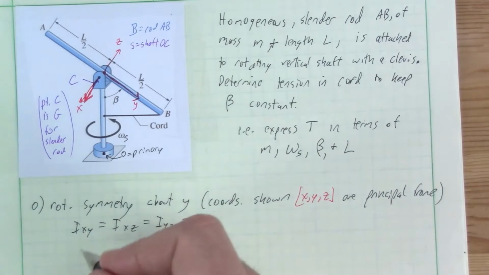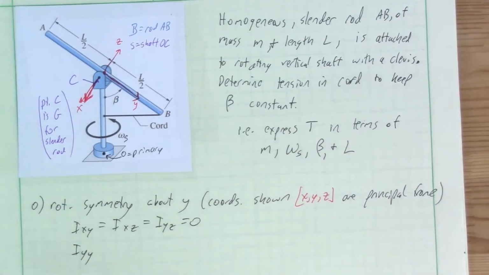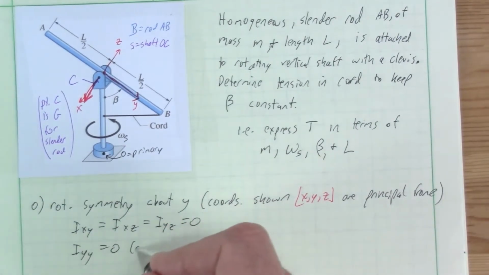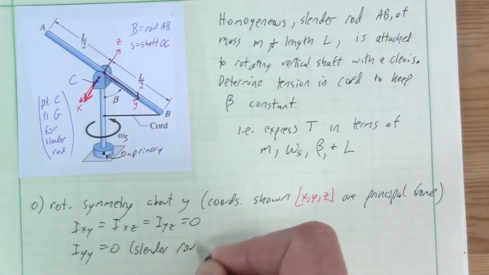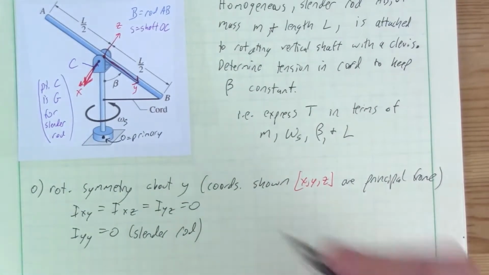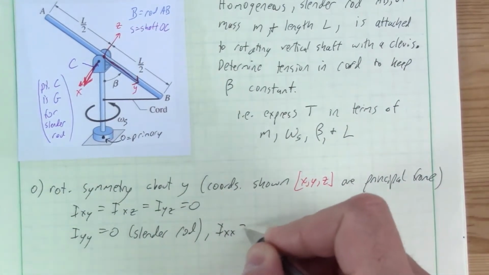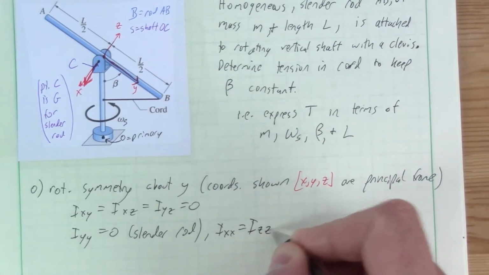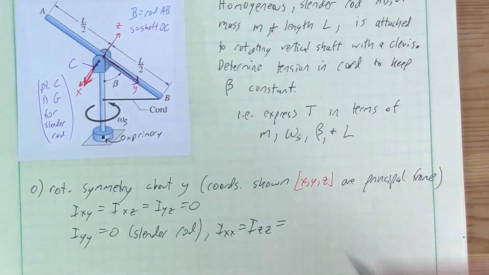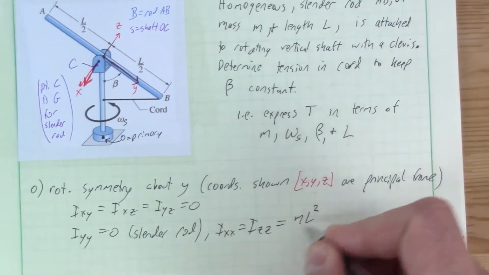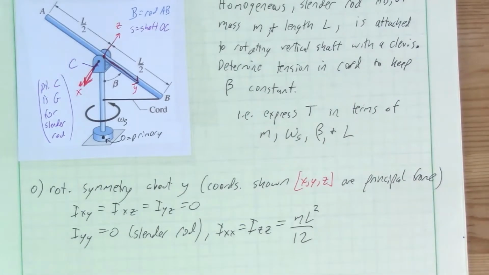And I_yy, now this is a slender rod, so this is actually 0. More simplification. And then I_xx equals I_zz, and that we can look up. It's a slender rod, and we know that one. In fact, we derived it in class as ml squared over 12. That's just the moment of inertia for a slender rod.